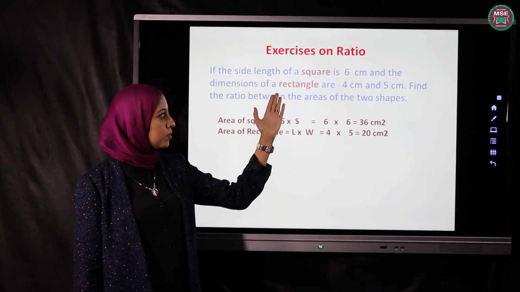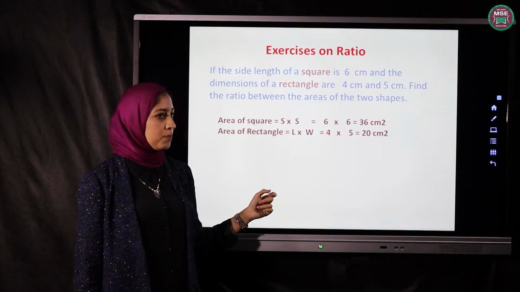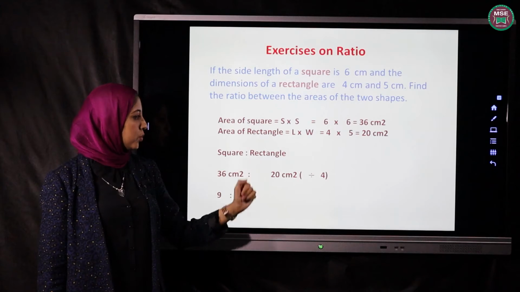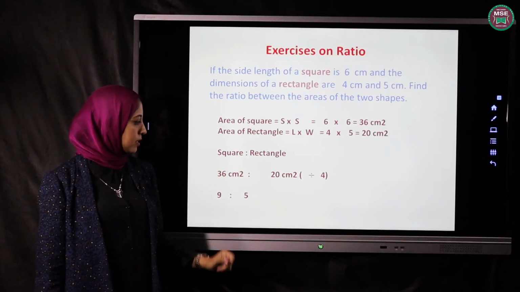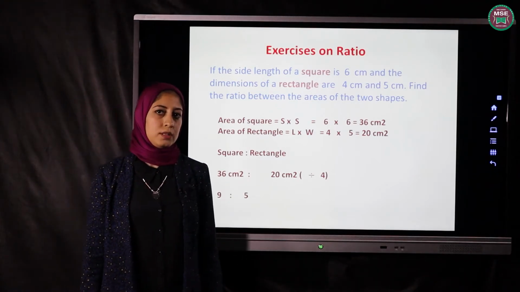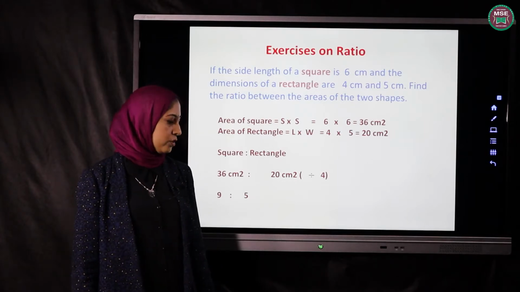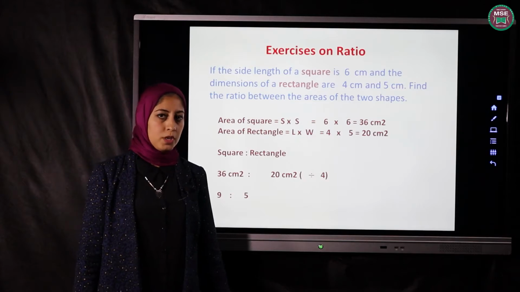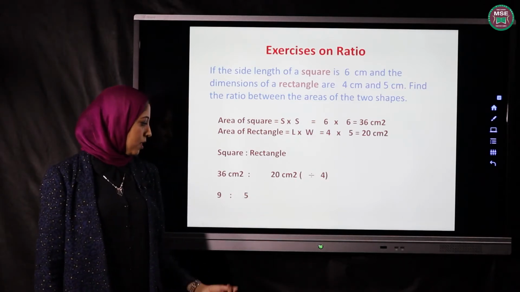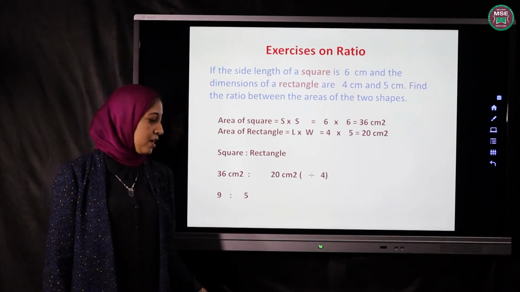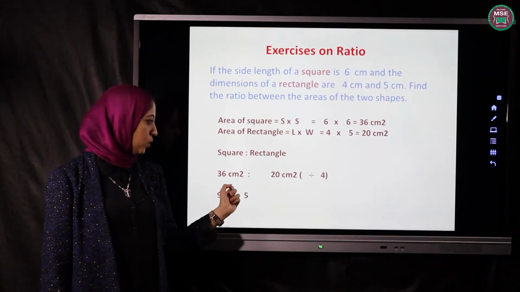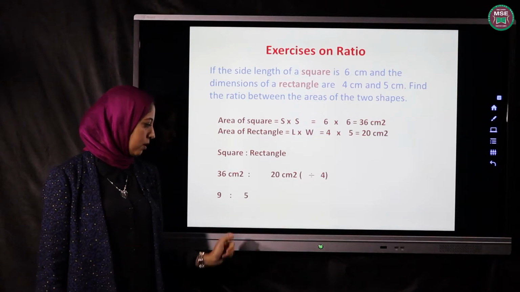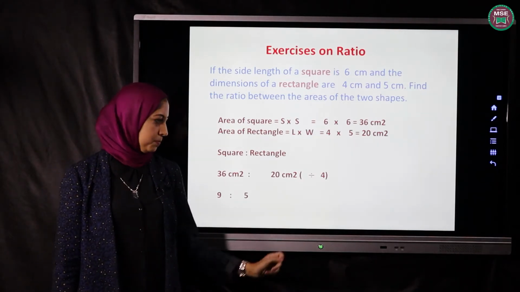In the question, he told me the square first, so I have to write square to rectangle: 36 centimeters square to 20 centimeters square. Then don't forget to simplify it by dividing by 4. You have to divide by a common number for both sides. The answer will be 9 to 5. Then when you write the final answer, you have to remove the unit, centimeter square. So the answer is 9 to 5.